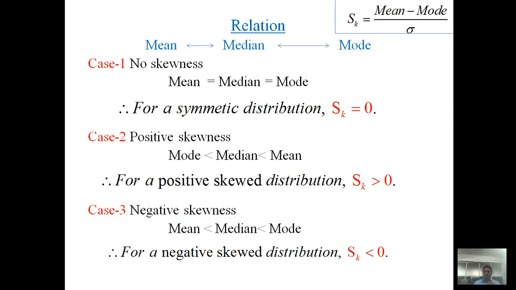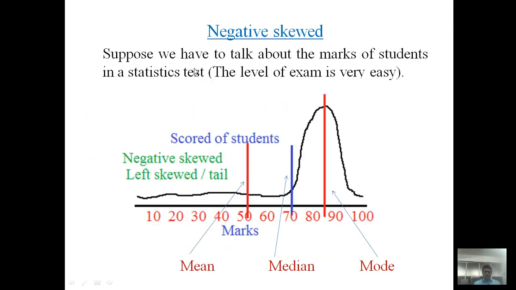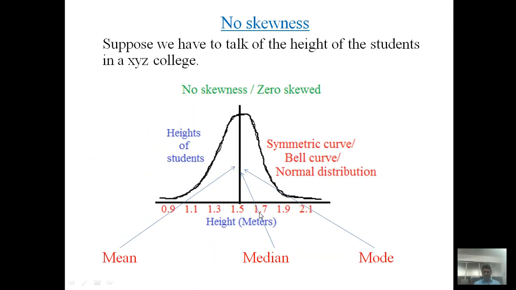Now next we have to see the relation between these three parameters, that is mean, median and mode. Again we have to consider all three cases. First, case 1, that is no skewness. As we see in this frequency distribution where there is no skewness, mean, median, mode all are equal.